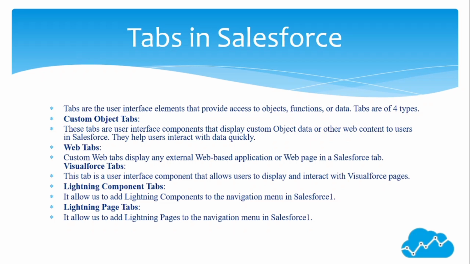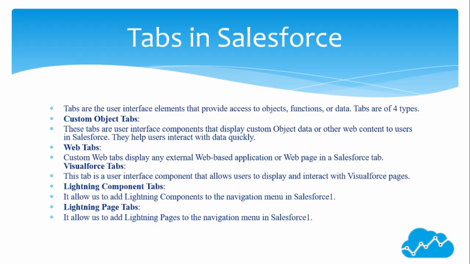Web tabs: custom web tabs display any external web-based application or web page in a Salesforce tab. Visualforce tabs: this tab is a user interface component that allows users to display and interact with Visualforce pages. Lightning component tabs: it allows us to add Lightning components to the navigation menu in Salesforce1.